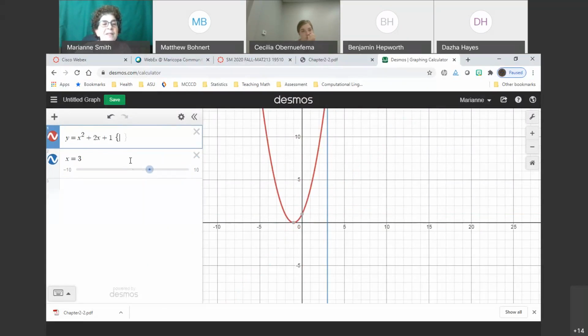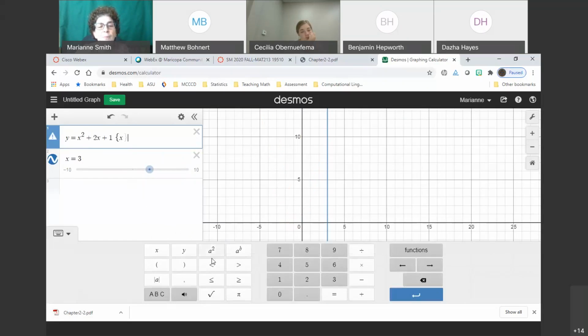You use curly braces, and then you say x is less than 1, and then you have the closing curly brace. You can see I got just that part of the curve.